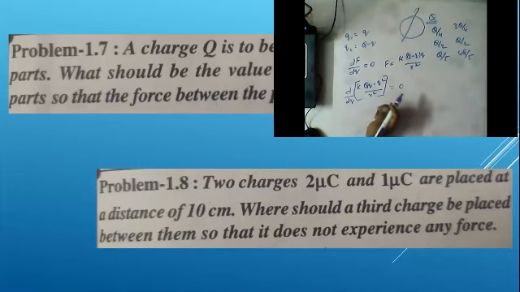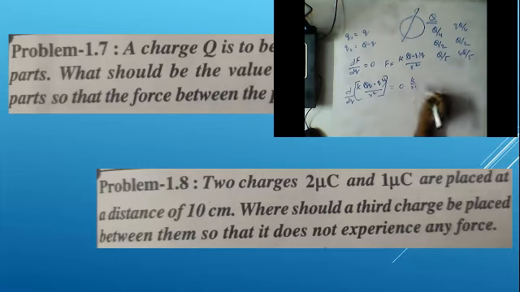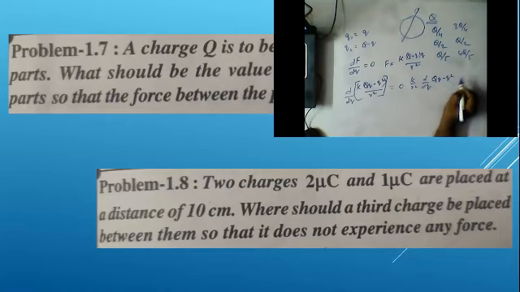Here K by R square is a constant, so we can throw it aside.